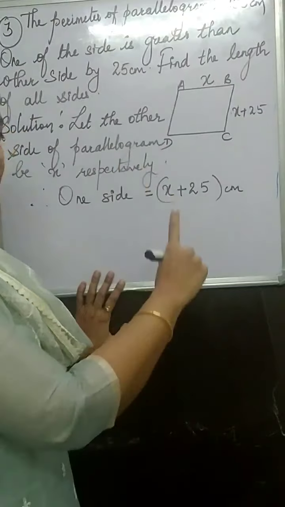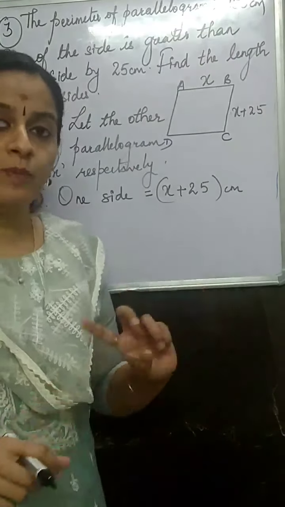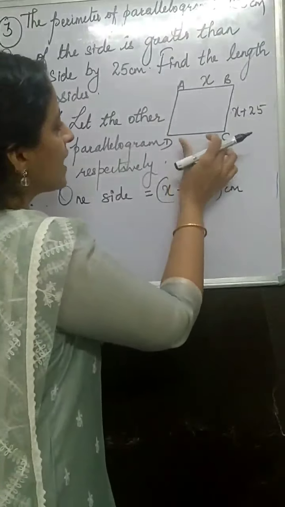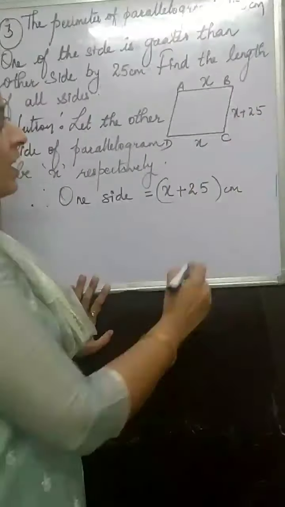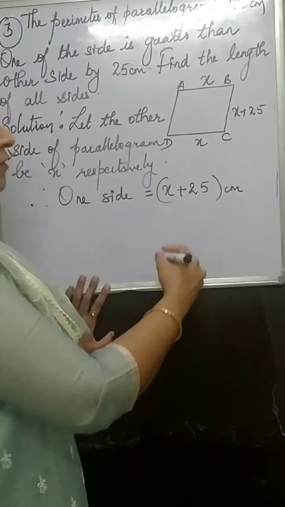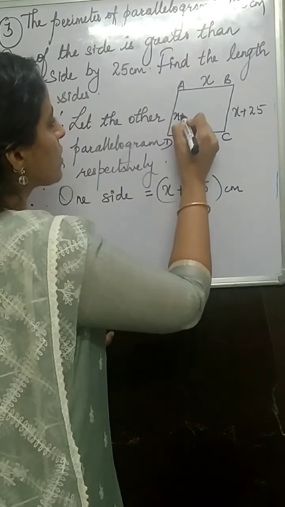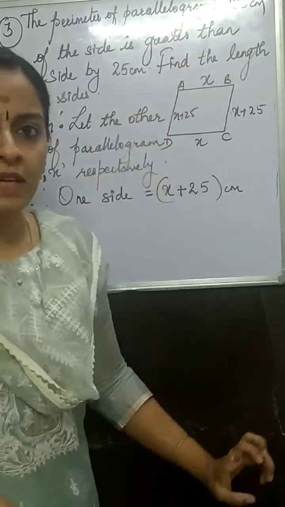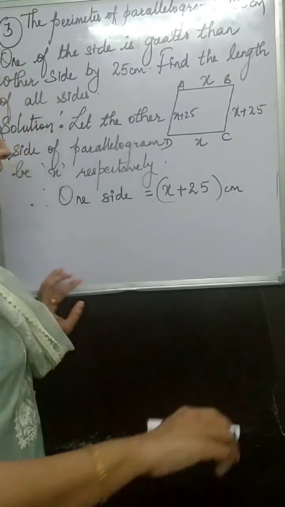And we know that for a parallelogram, opposite sides are congruent. So if AB is X, DC will also be X. If BC is X plus 25, AD will also be X plus 25. And what information do you have? You know the perimeter is 150 centimeter.